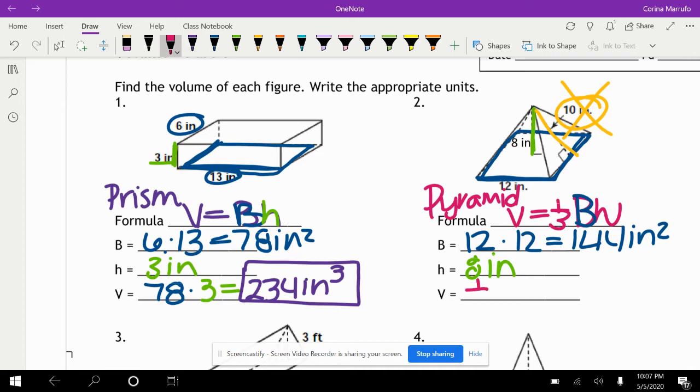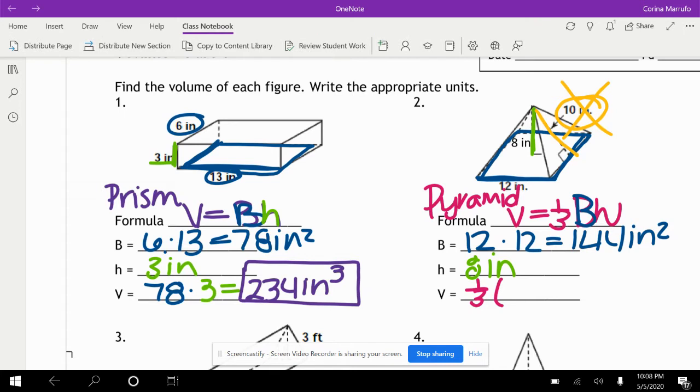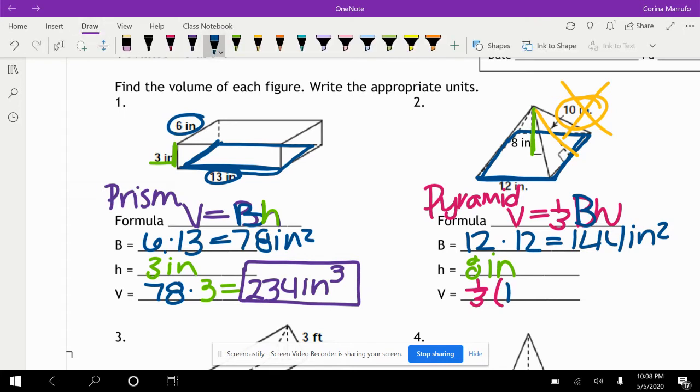So volume equals 1/3. Big B we said is 144. And then times little h, which is 8. So times 8. When we plug this in our calculator, go ahead and punch this in. 1/3, I'm sorry, 144 times 8.